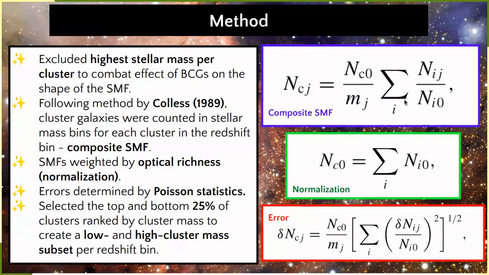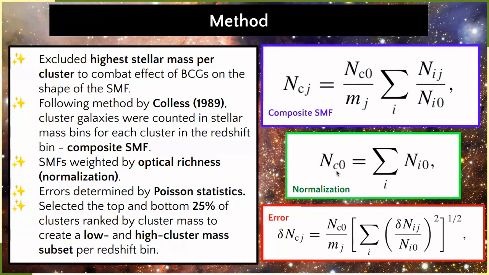This composite SMF is then further weighted by the number of contributing clusters to the redshift bin, denoted by m subscript j, and by the sum of all the cluster normalizations, given by n subscript C0, which is also given in this equation here.